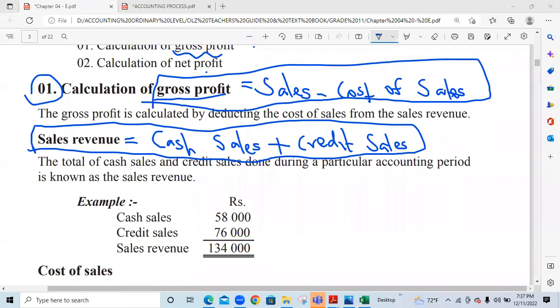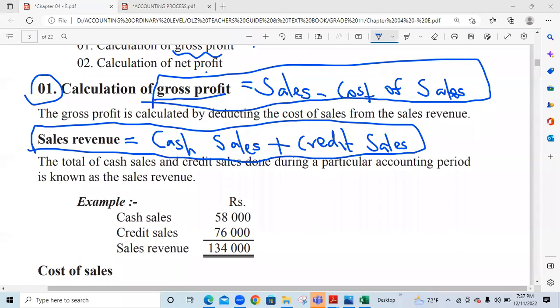If you are a furniture business, if you are selling chairs, the money you have to get by selling chairs is your sales revenue. You understand? Guys, when you say sales, the students misunderstand. They think sales means only cash. But sometimes we make sales and we don't get money, we will get the money later.